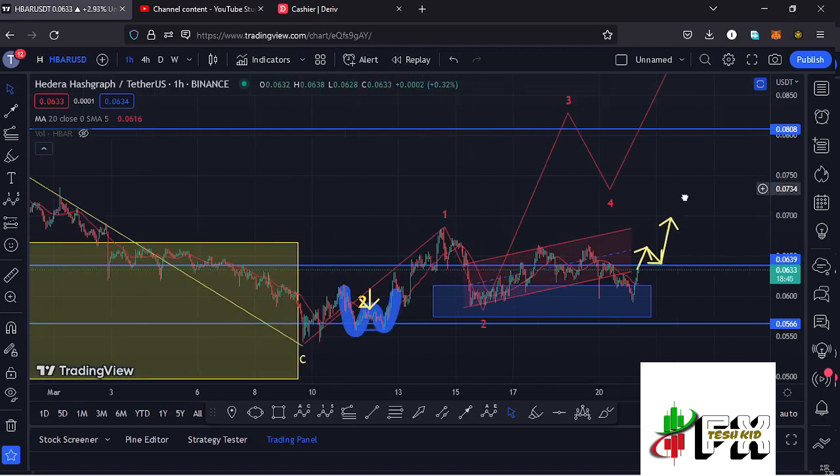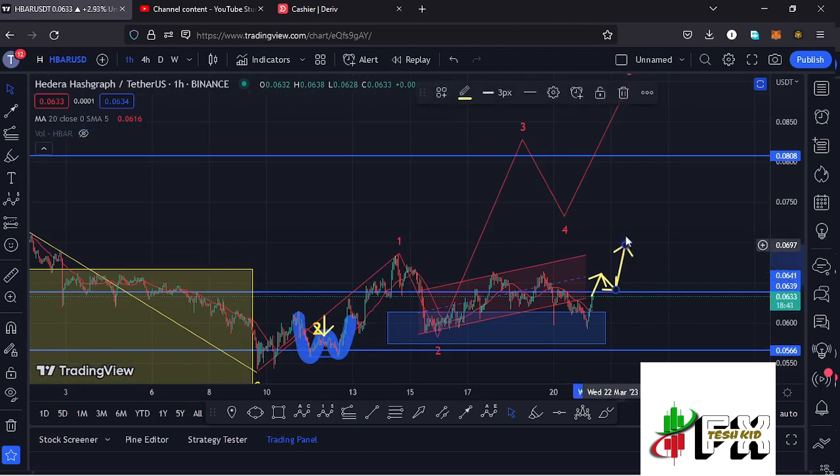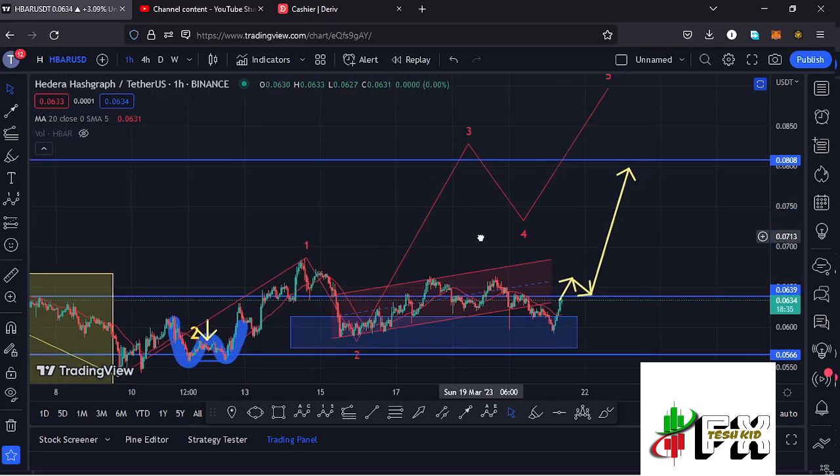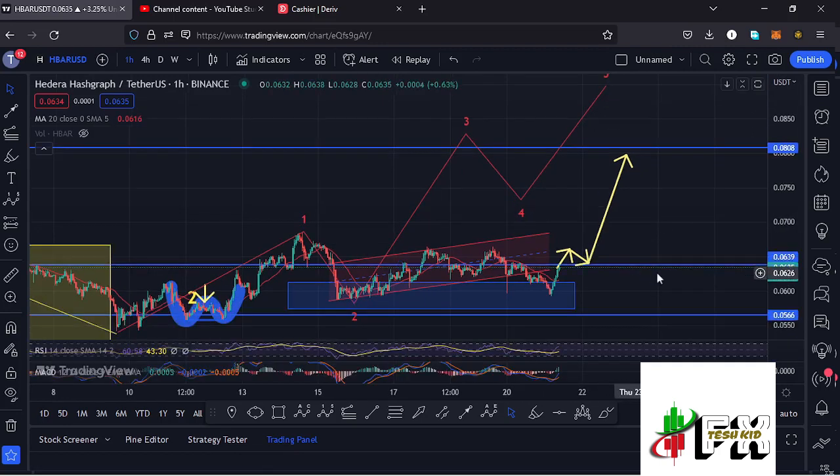That will be enough confirmation that whatever we are seeing is the start of this massive run up to the upside in the formation of this wave 3, and there are high chances that we are going to fully maximize our target areas before we can expect a wave 4, then continue gearing up in the formation of that wave 5. So that is what I'm expecting here on the short-term scenarios.